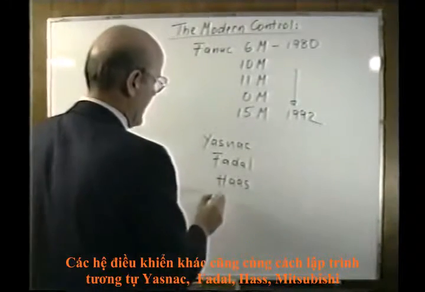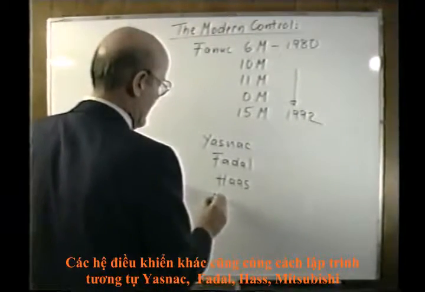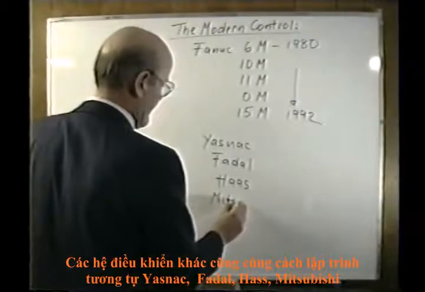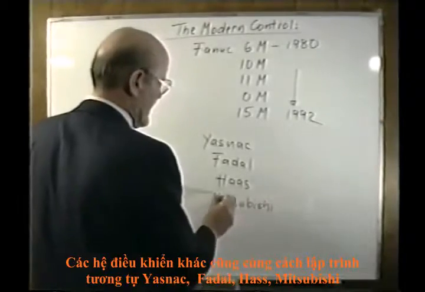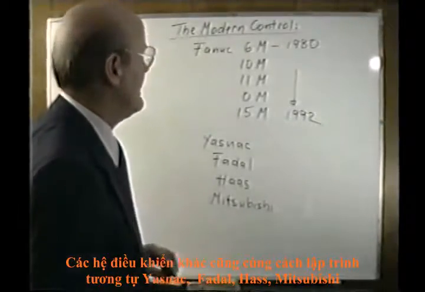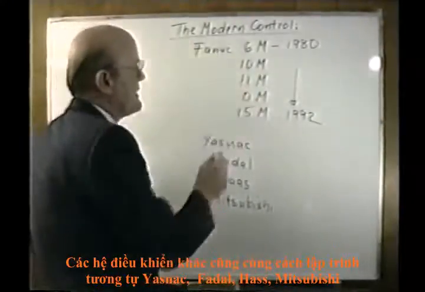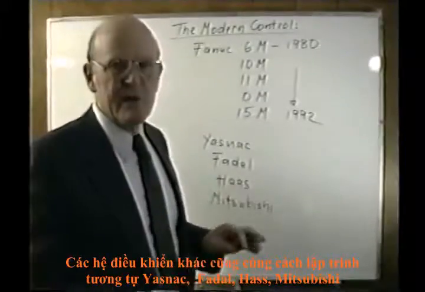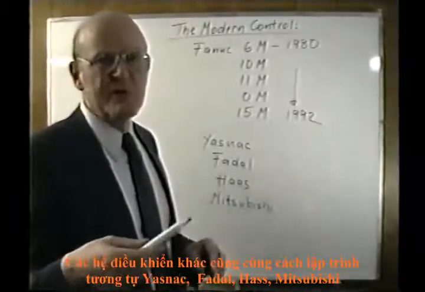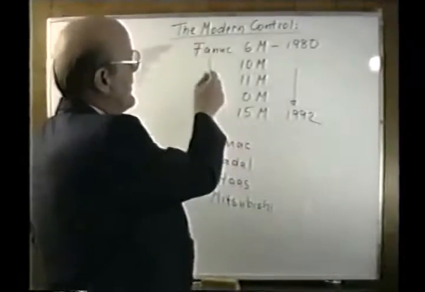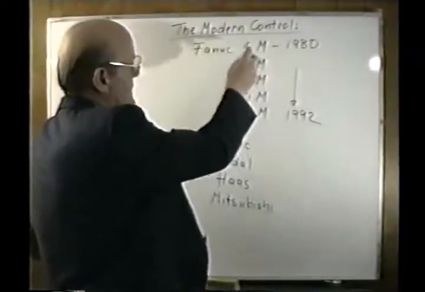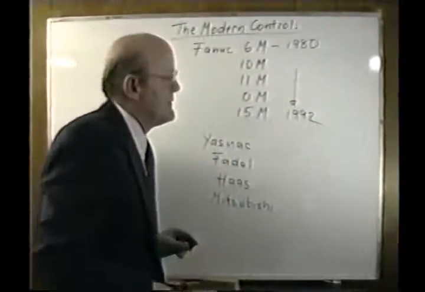Same method of programming. Mitsubishi control. And the same thing would apply to most lathes. If you learn to program on a 6T control, with very minor changes you would be able to program on most other controls. So what we'll be doing is looking at the Fanuc method of programming, basically any of these controls.